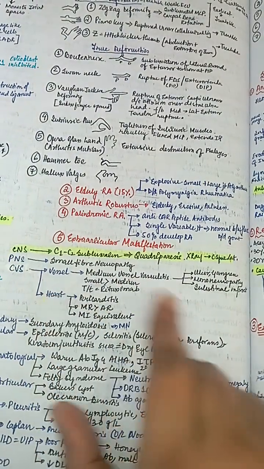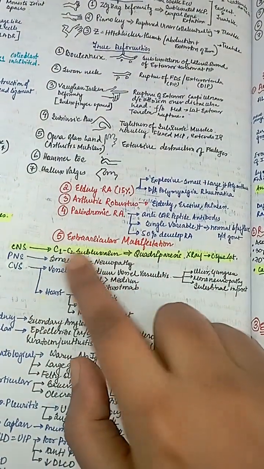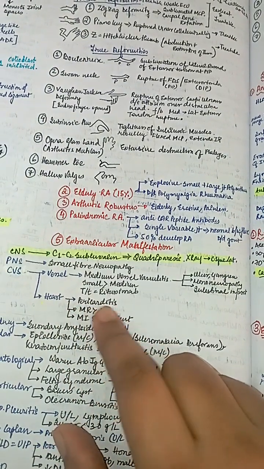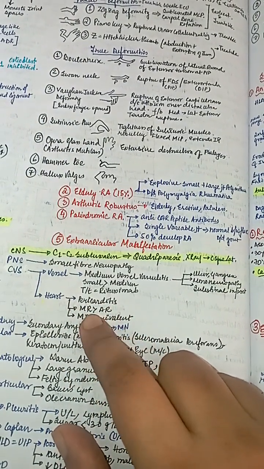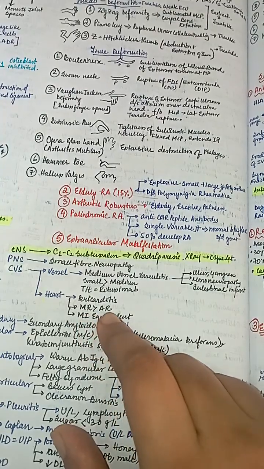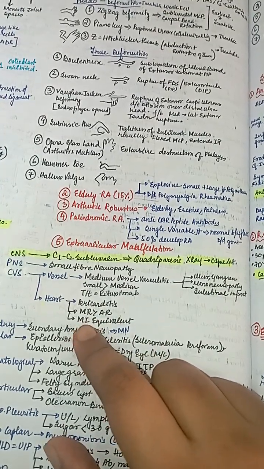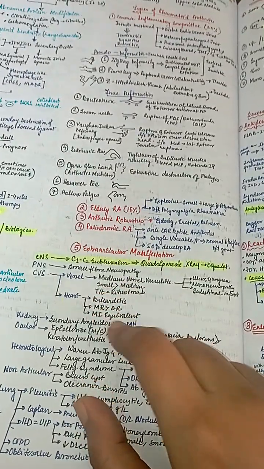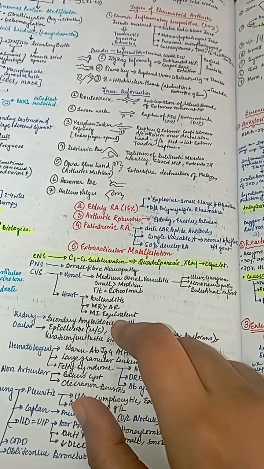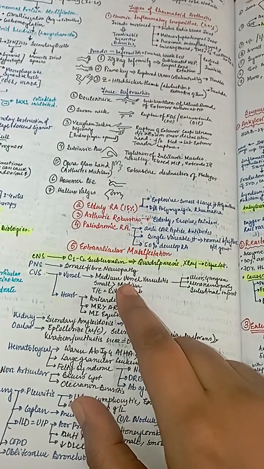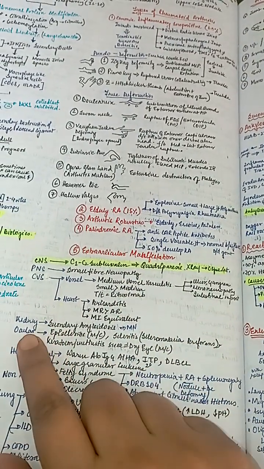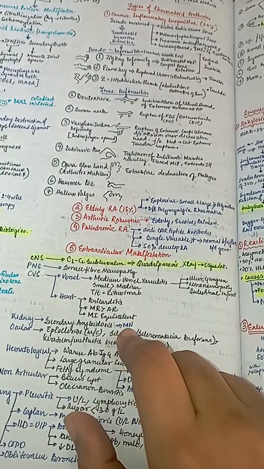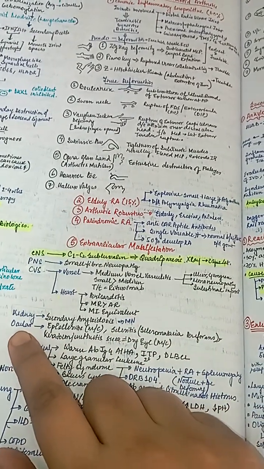Heart: pericarditis can occur, valve deformity, MR more than AR, and this is known as the MI equivalent because of the vessel affected. Kidney: secondary amyloidosis resulting in membranous nephropathy.